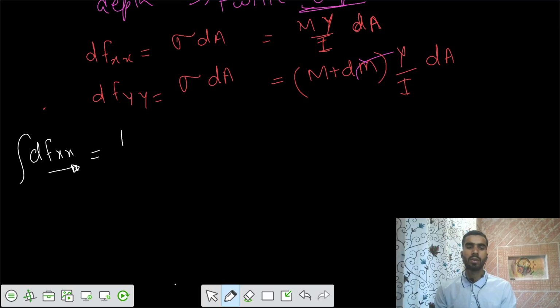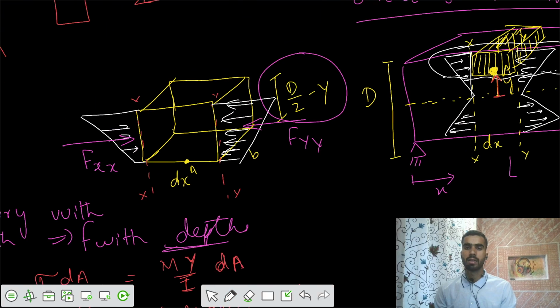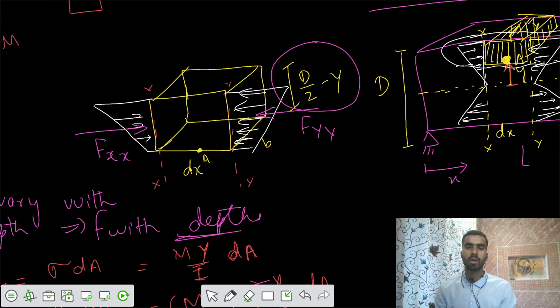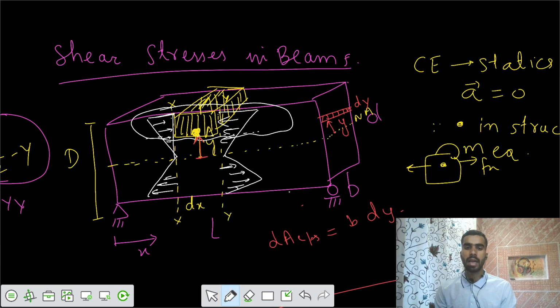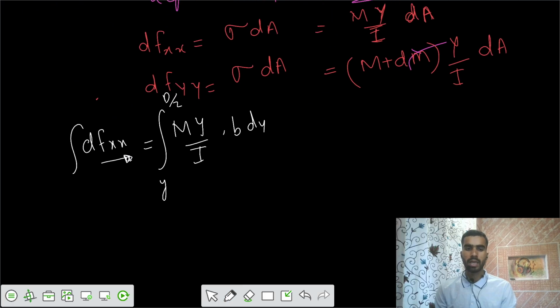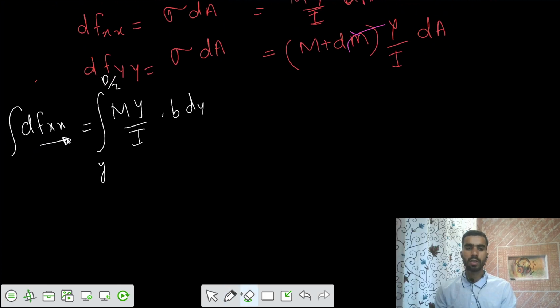That would be the integral of My by I dA, where dA equals b dy. The limits for the differential area you took are from some value of y to the maximum it can go, the top, that's d by 2. So the limits are from y to d by 2. So we got the total force in the horizontal.